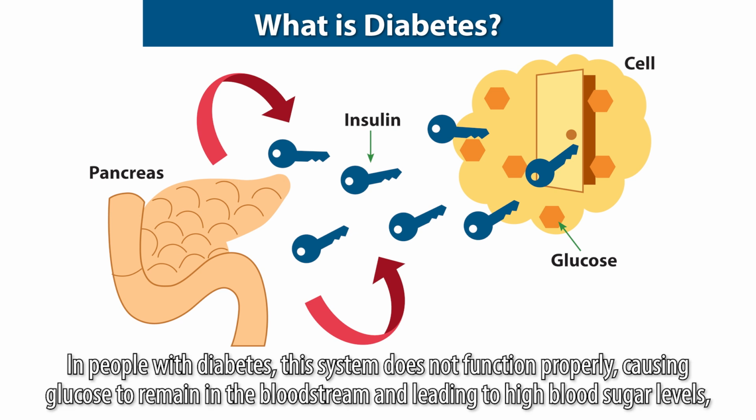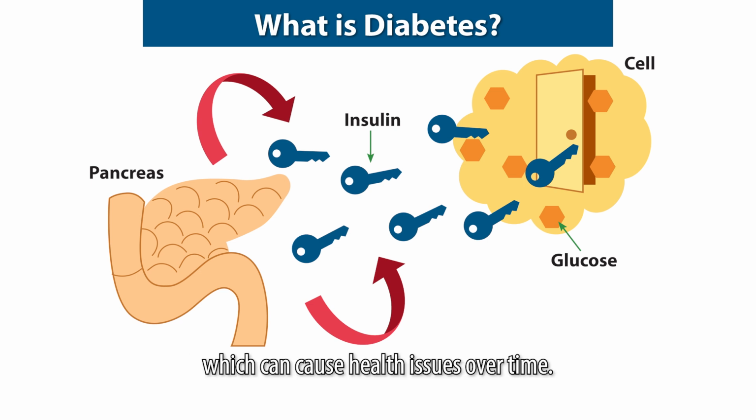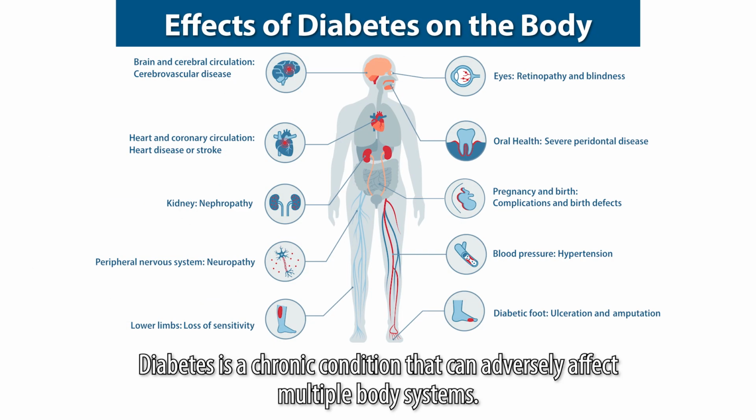In people with diabetes, this system does not function properly, causing glucose to remain in the bloodstream and leading to high blood sugar levels, which can cause health issues over time. Diabetes is a chronic condition that can adversely affect multiple body systems.